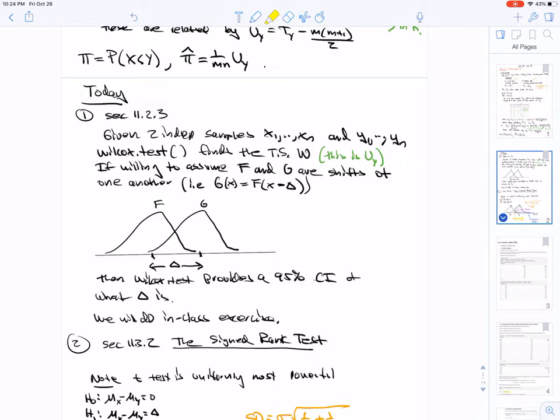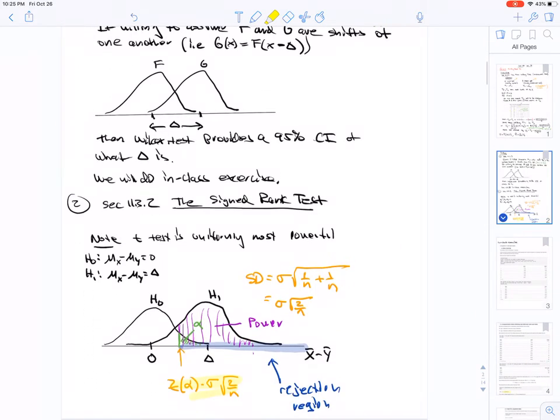I should mention that Wilcox.test is the go-to function. And if you're willing to assume that your distributions f and g are shifts of one another, so that introduces a parameter delta, then the Wilcox.test will provide a 95% CI for delta, and you can potentially do some power calculations.